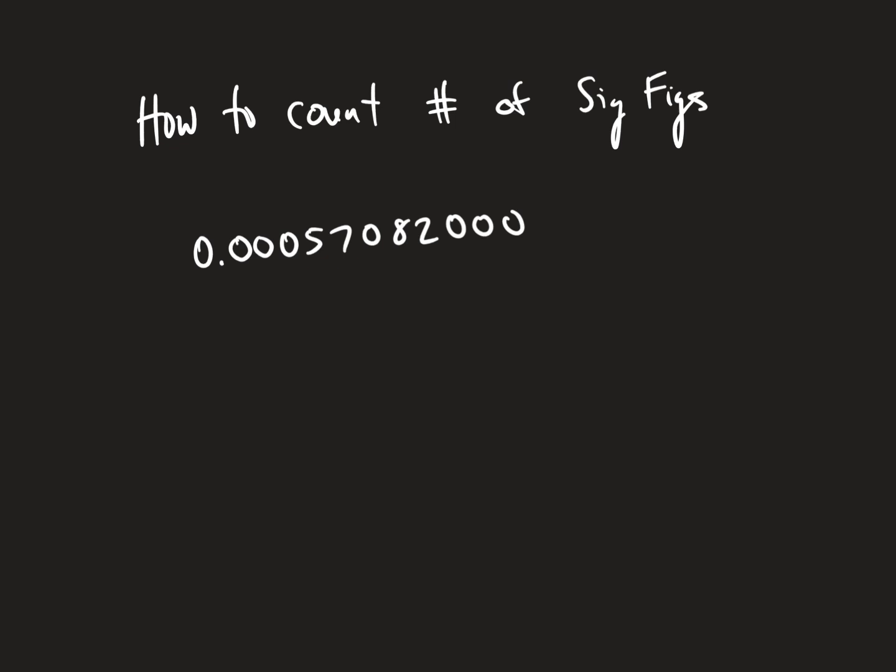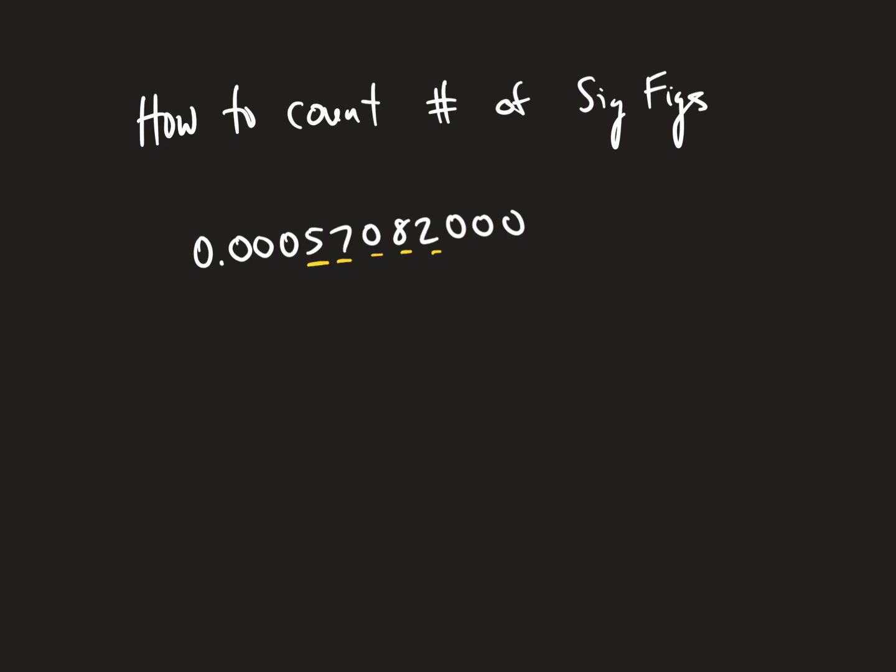Parker says 8. What do you guys think? I think 9? Well, let's see. So first of all, the non-zeros are significant, right? Yes. And the zeros between significant figures are also significant.